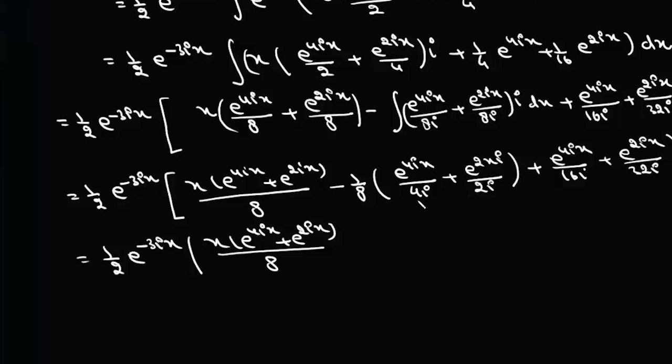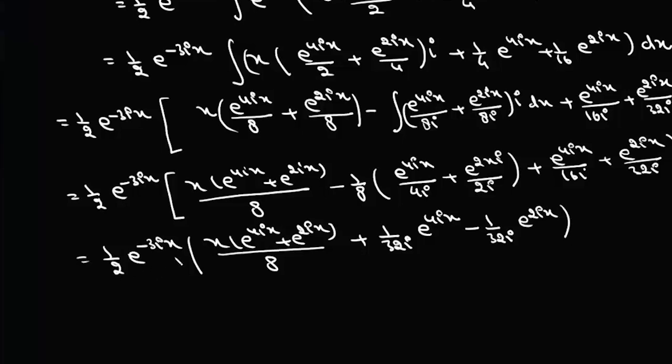Now this is minus 32 and plus 16, so there will be plus 1 by 32i e to the power 4ix, and this also is 32i and minus 16, so there will be minus 1 by 32i e to the power 2ix.